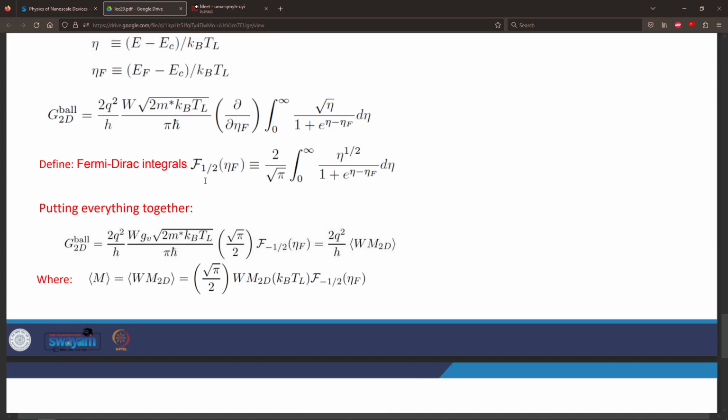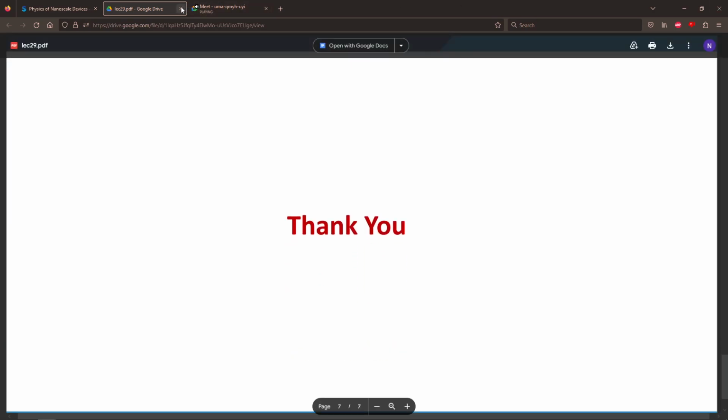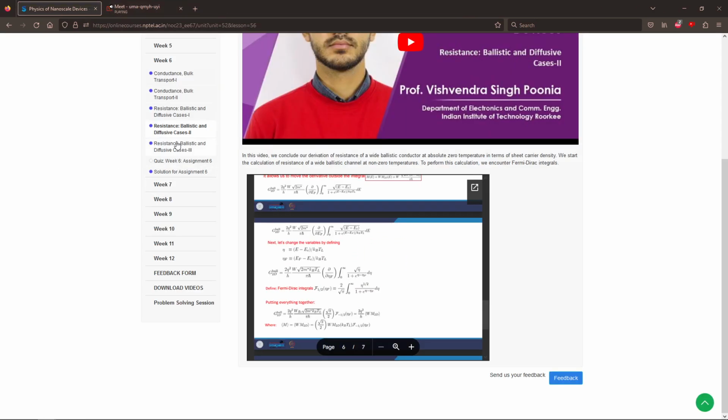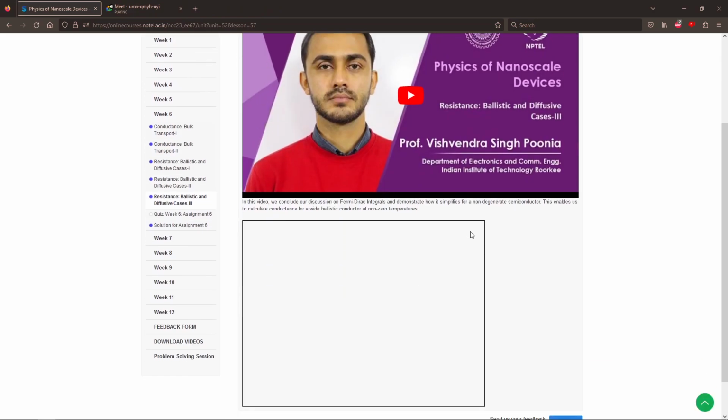For different such expressions, Fermi-Dirac integrals of different orders will be used. You will not be asked to evaluate the Fermi-Dirac integrals, that part is not in the syllabus. Nobody is going to ask you that. But you have to remember what Fermi-Dirac integrals appear. That is something you will have to learn by heart. There will definitely be questions based on that.